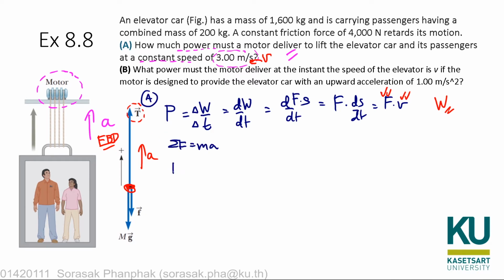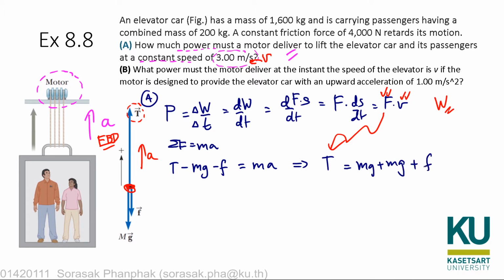In this part, you have T minus mg minus F equals ma. So your T, which you're going to sub into the force, is equal to ma plus mg plus F.